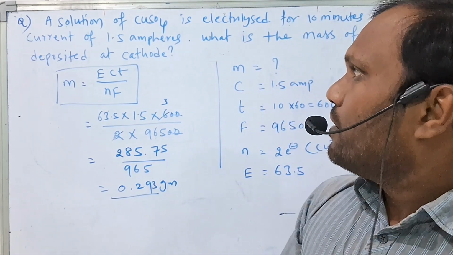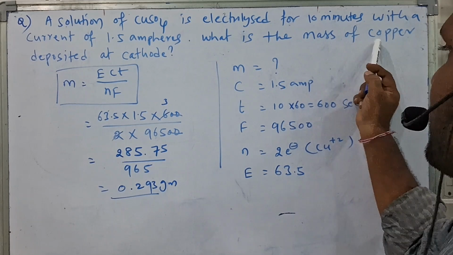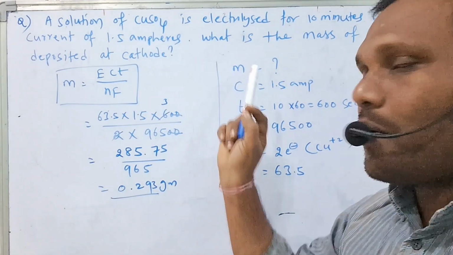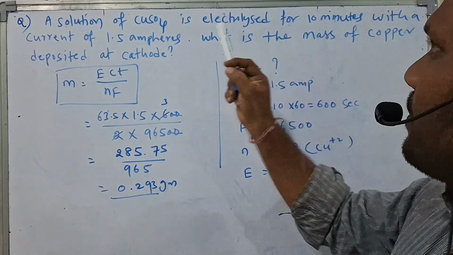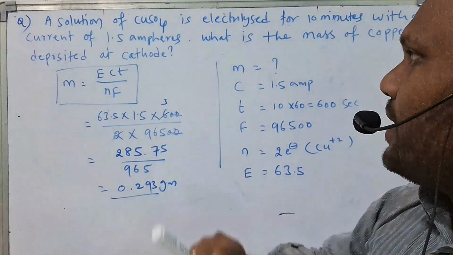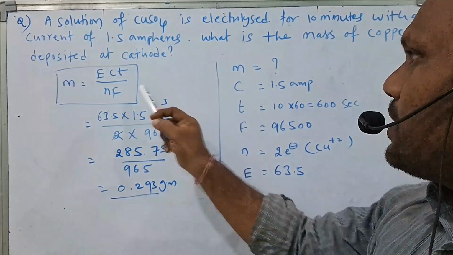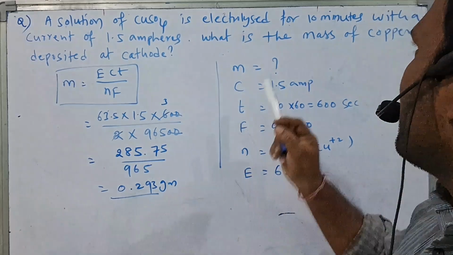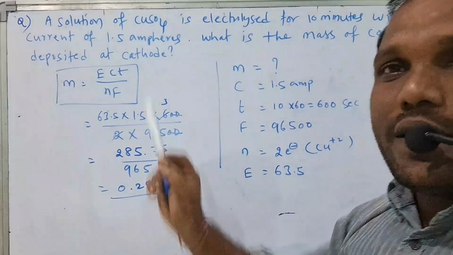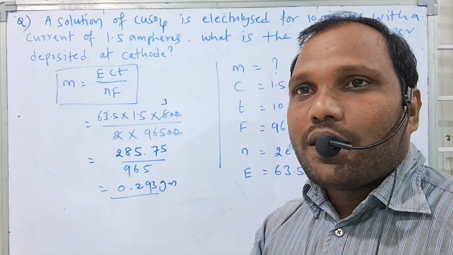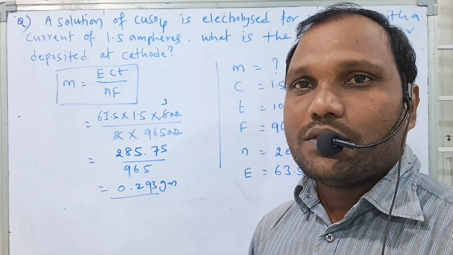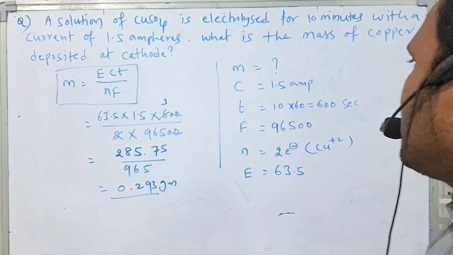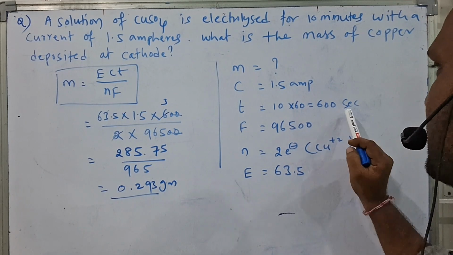Look here, what is asked? The mass of the copper is asked. Here 1.5 amperes is the current given. Here 10 minutes is the time given. As per SI units, minutes convert into seconds. That's why 10 into 60, 600 seconds.